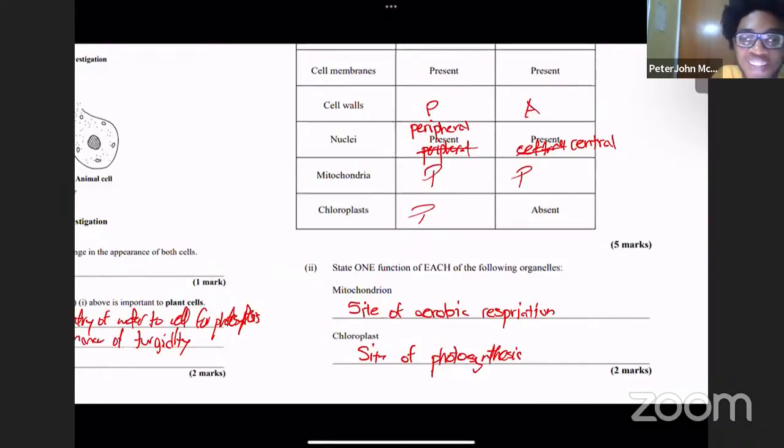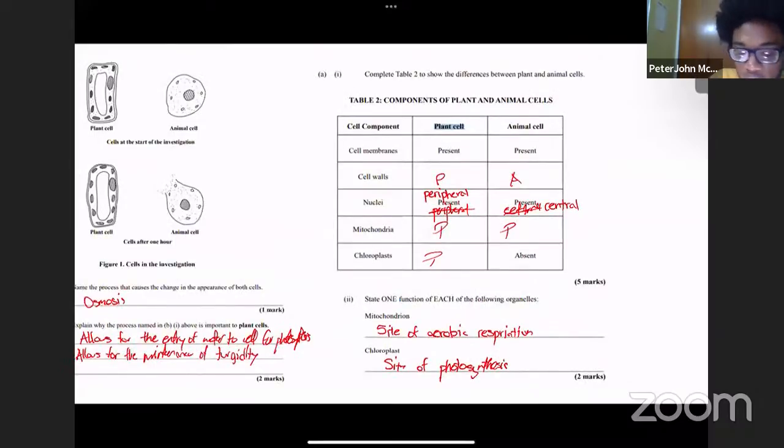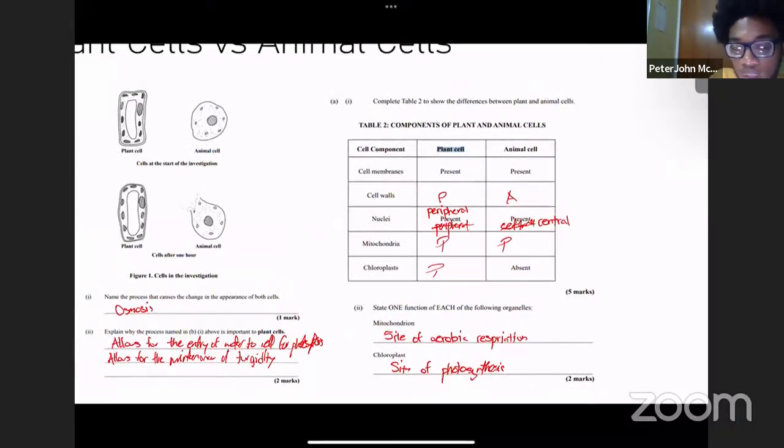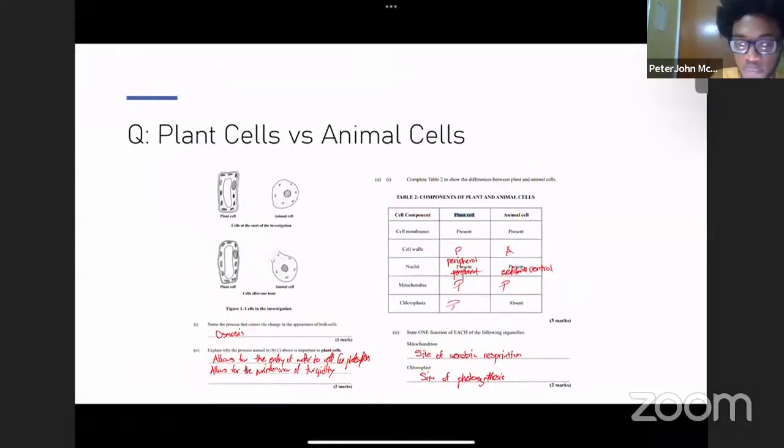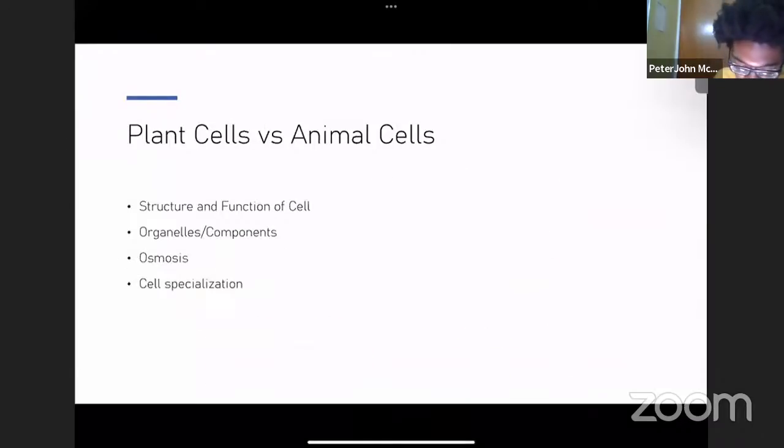That's a description. Site of photosynthesis is a function. It's a photosynthetic organelle, right? A lot of people would put "powerhouse of the cell" for mitochondria, but what does that mean, right? So you guys are going to be ahead of the game. Well, I hope so. All right, we can breeze through this really quickly.